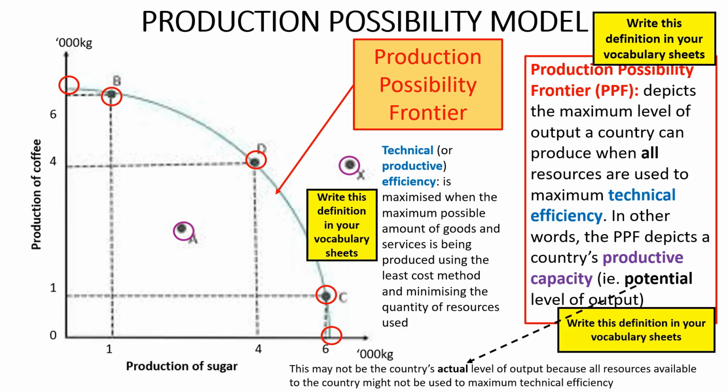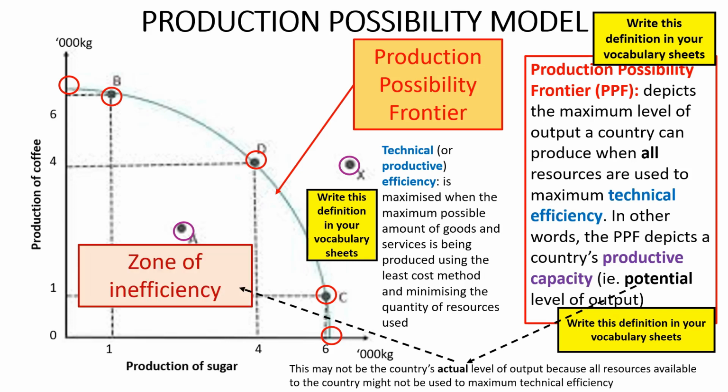Put another way, the country's actual level of output may be less than its potential level of output, that is, less than the country's productive capacity, because all of the resources available to the country are not being used to their maximum technical efficiency. In such a case, the country will be producing in the zone of inefficiency. This is the second of the zones that make up the production possibility model.